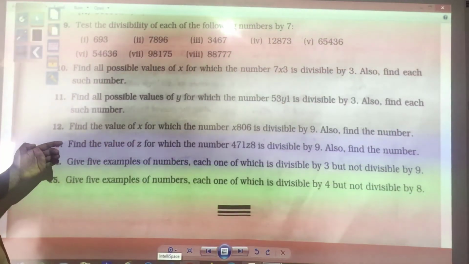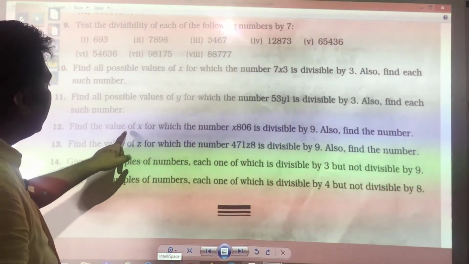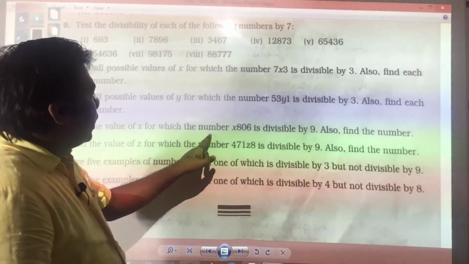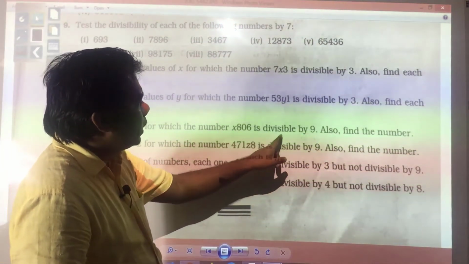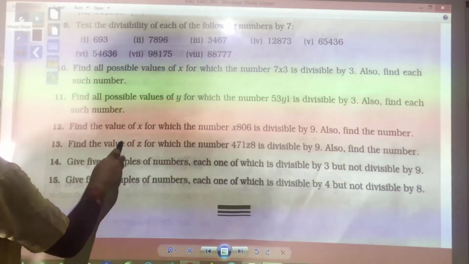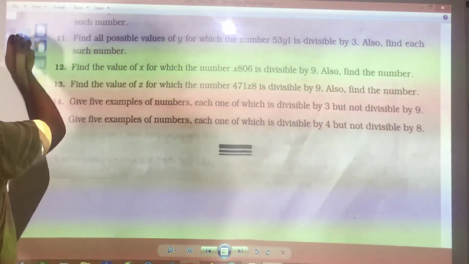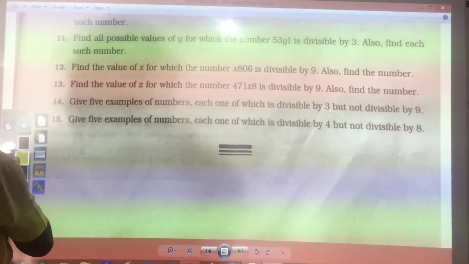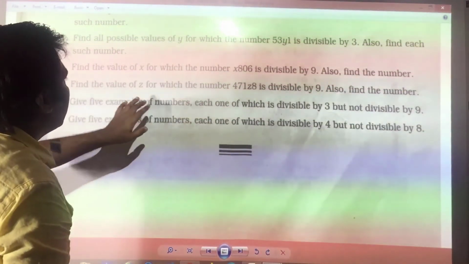Next, you see, find the value of x for which the number x806 is divisible by 9. Also find the number. The same thing is required to be done over here also, because divisibility of 9 is the same as 3.